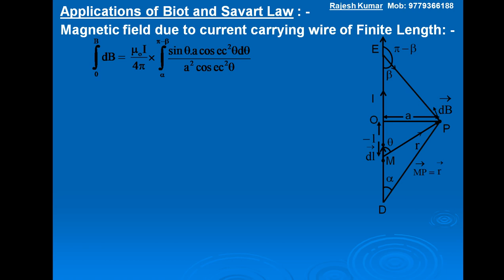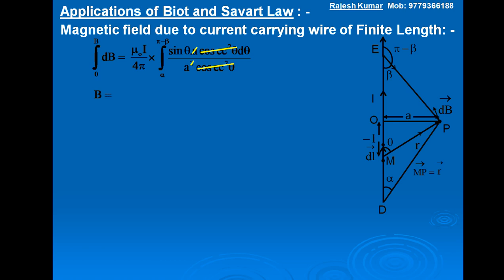Now in the numerator, a cancels with one of the a of a square in the denominator, and cosecant square theta cancels with cosecant square theta.